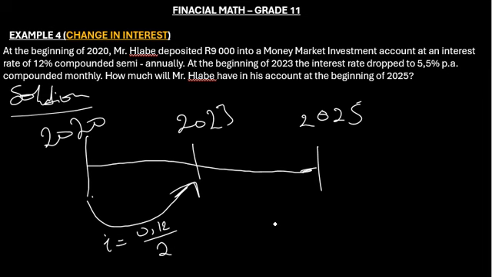That is, we divide by 2. Then again, he made a deposit of 9,000 Rand.